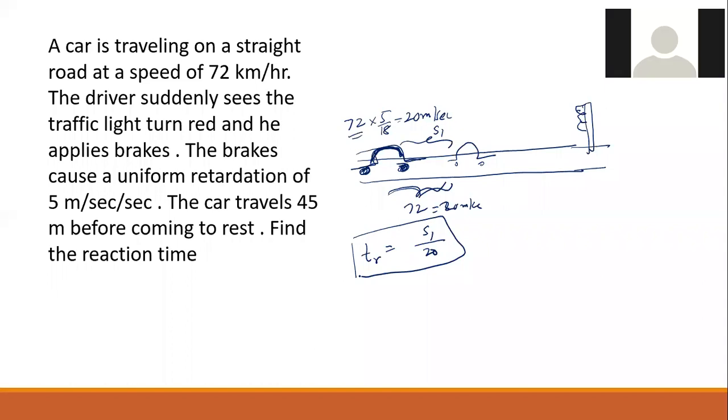Yes, sir. So tell me, how do you calculate this? The car travels 45 meters before coming to rest. Come on. So this initial velocity is 20 here because it moved this distance with 20 only.